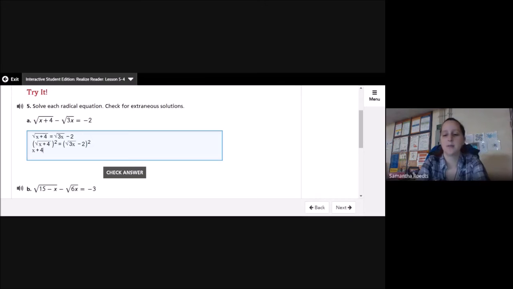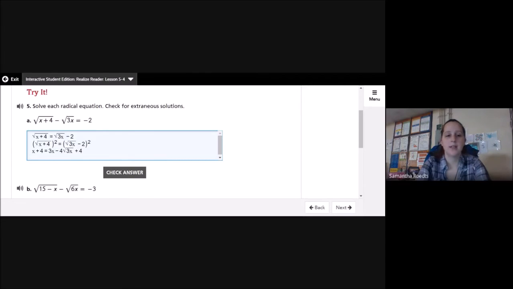So this gives me x plus 4 equals square root of 3 times the square root of 3 is 3x. It's minus 3x times 2, so minus 4 times the square root of 3x plus 4.